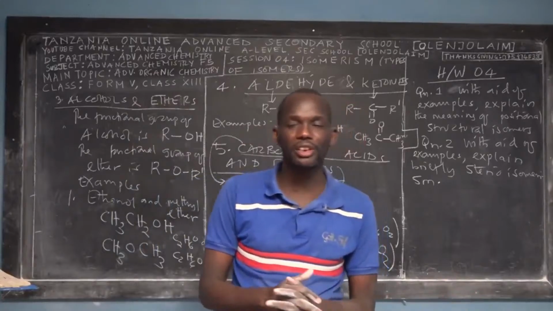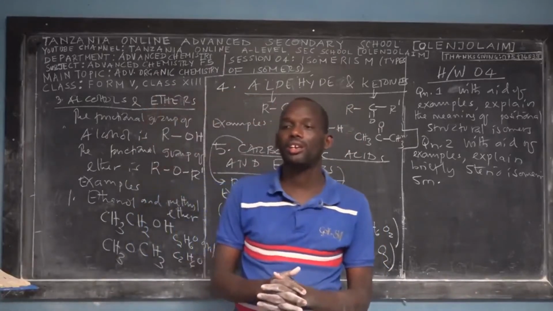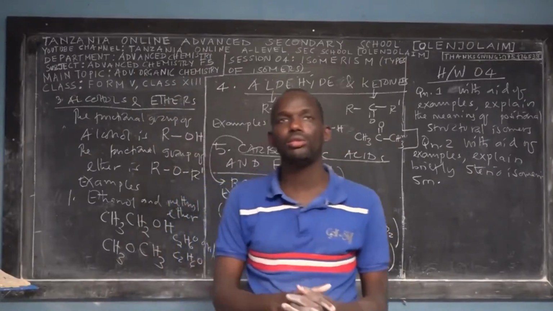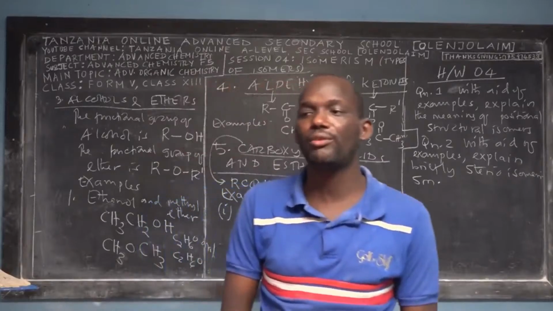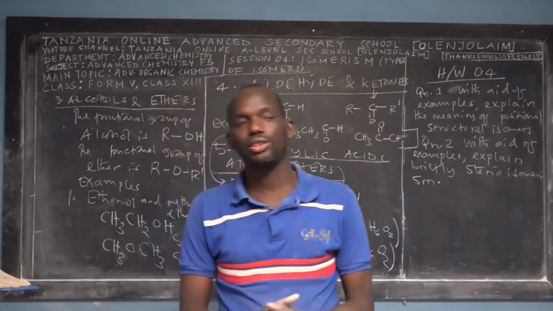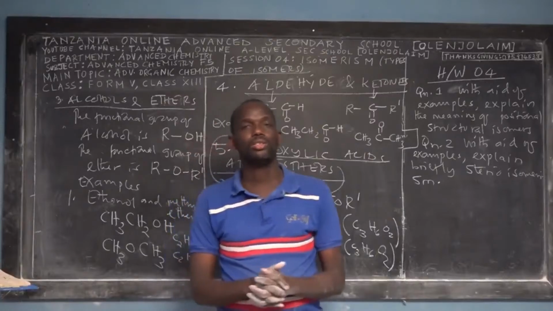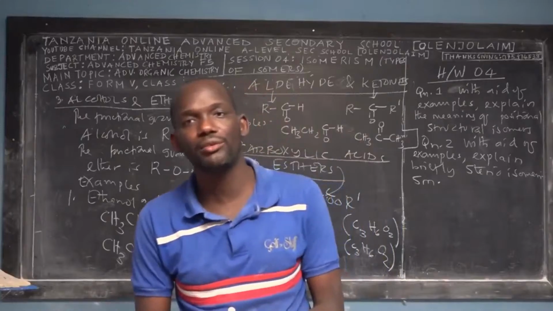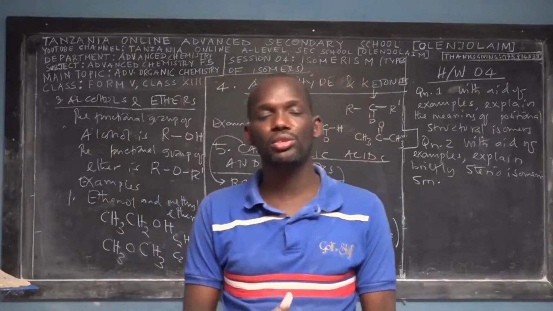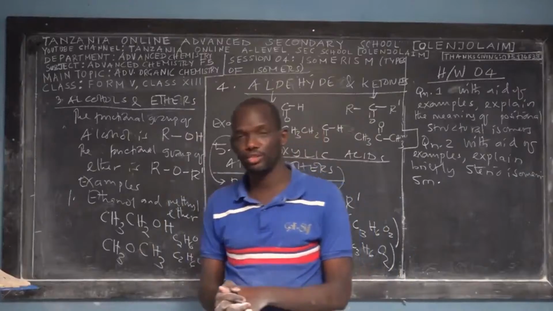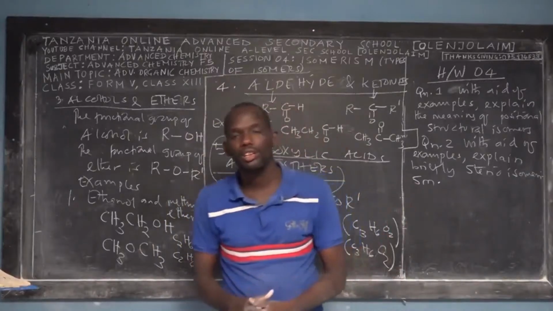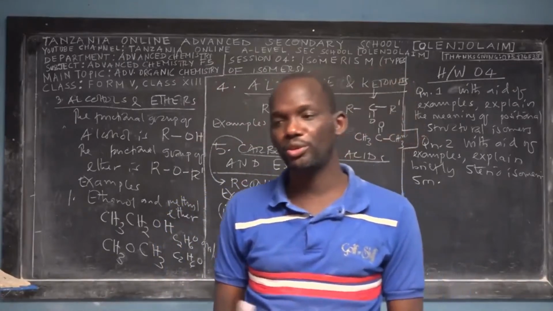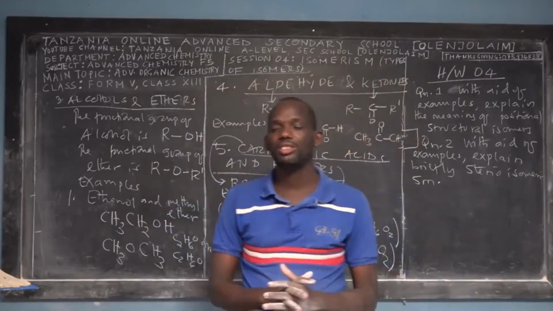Briefly, what is the meaning of isomerism? Isomerism is the existence of two organic compounds with the same molecular formula but different structural formula. How many types of isomerism do we have? 2: structural isomerism and stereoisomerism. In detail, we have 3 types of structural isomerism: positional, functional, and skeletal.